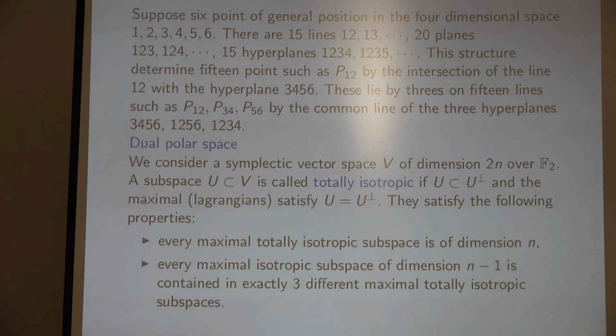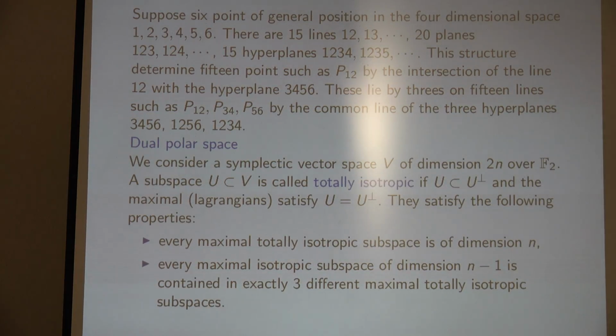And in the same way that gives the dots and the systems, you can consider the points P_{1,2} just as the intersection of the line 1 2 with the hyperplane that consists of the disjoint letters with 1 2. And this gives just one point in the 4-dimensional space. So the systems now, there are 15 lines such as P_{1,2}, P_{3,4}, P_{5,6}, and this gives some structure that was studied just one century ago by Sylvester, Baker, Coxeter also.